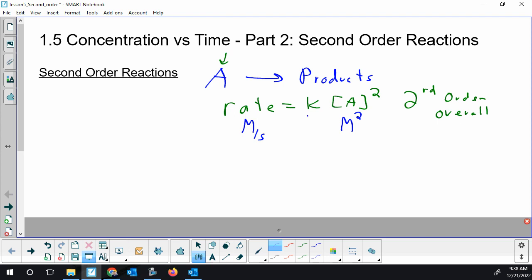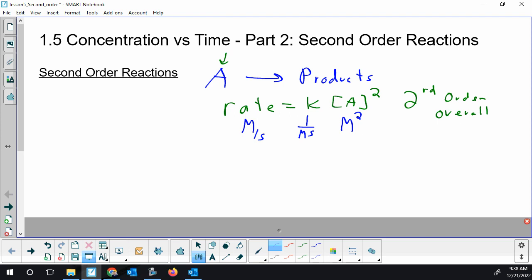So to make the units work, the rate constant is going to have an inverse concentration to cancel out one of the M's in our concentration factor, and it's going to have inverse seconds to get the seconds part of the rate. So that's going to be one set of units.